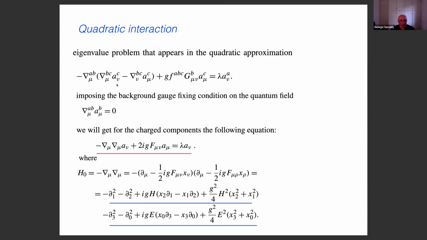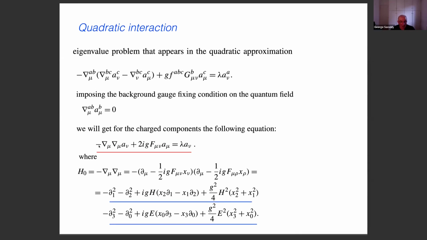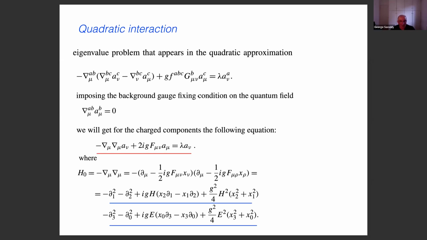As you see, it's linear in A because we make a variation, and then we need to calculate the eigenvalues lambda. We use the background field method, this nabla mu by A mu equal to 0. It's a background gauge fixing condition, very convenient, and therefore the equation reduces to this one.